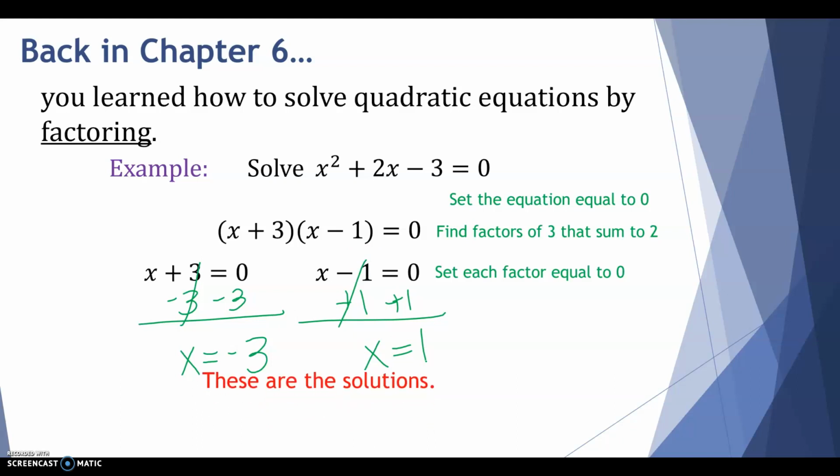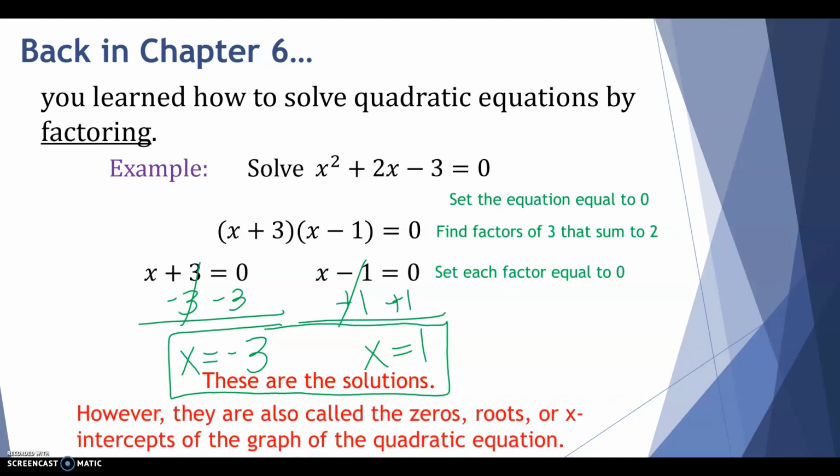So these are your solutions, and they would make your equation true. But like I said earlier, they are also called the zeros, roots, or x-intercepts of the graph of that equation, okay? So you don't actually need to factor these.